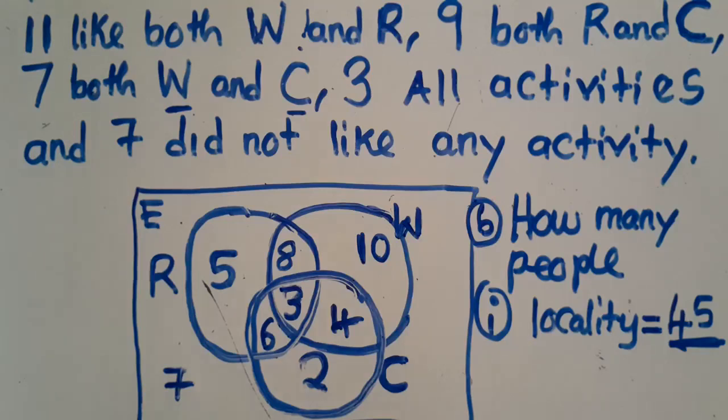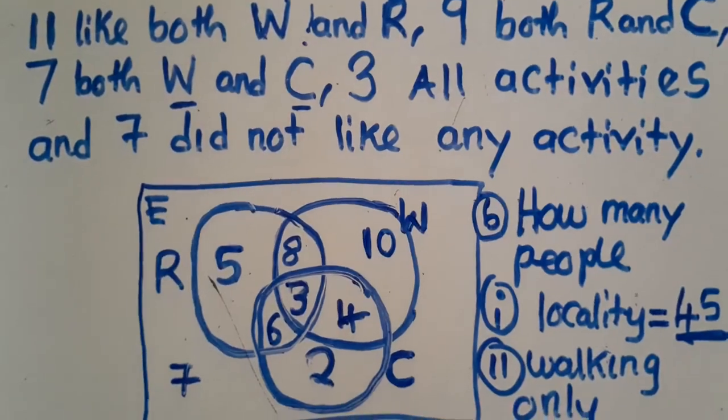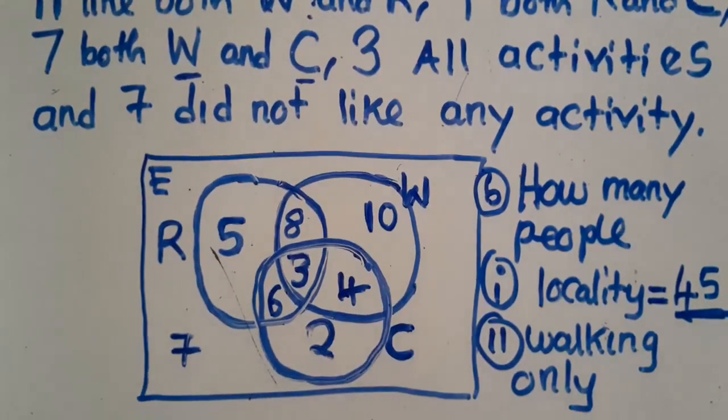Then the other question is saying, how many people like walking only? So this is a question. Only, there is a keyword, walking only. Have you seen? This is an important word.